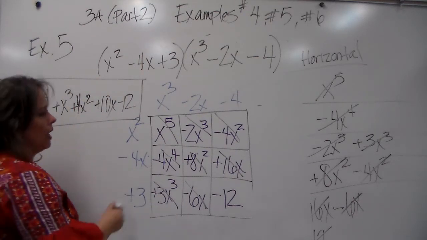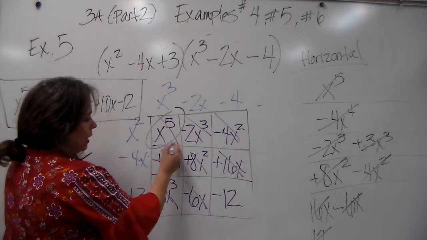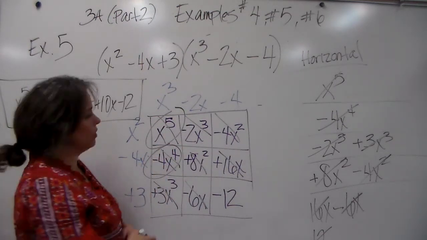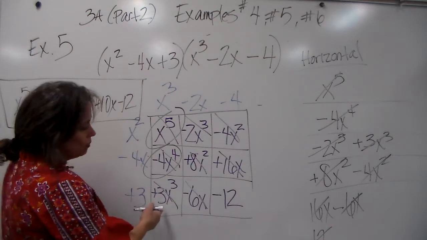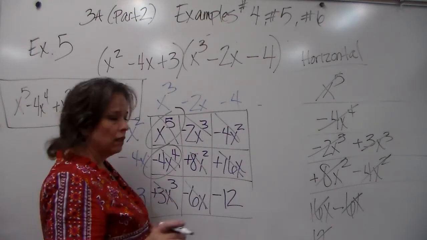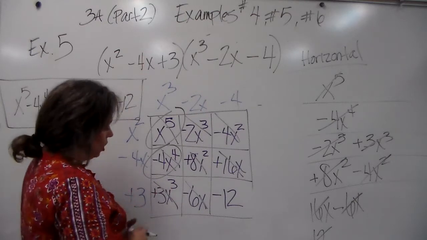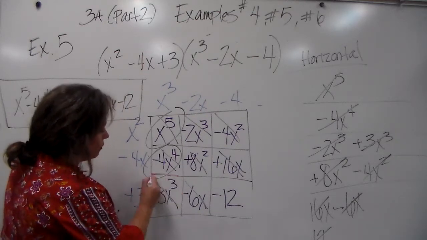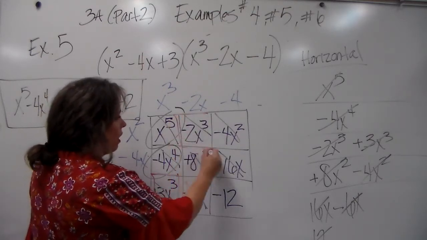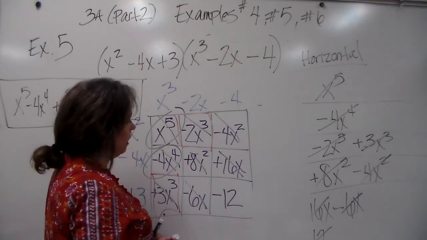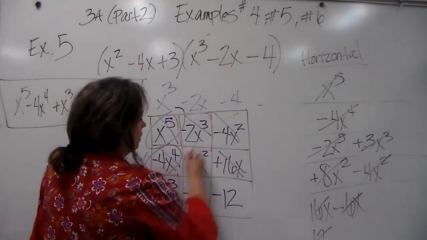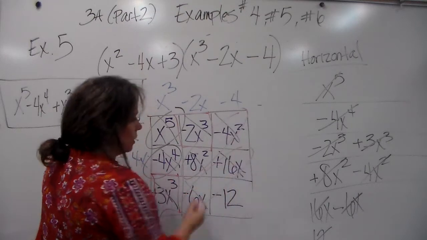Now, you also can simply combine them out of the box as you go, but remember, those terms are not always in diagonal groupings, okay? So here we would have to remember to look for all those x cubed terms, right? And then the x squared terms and so forth.